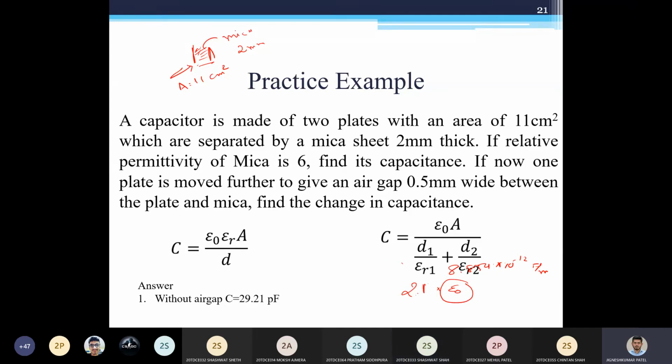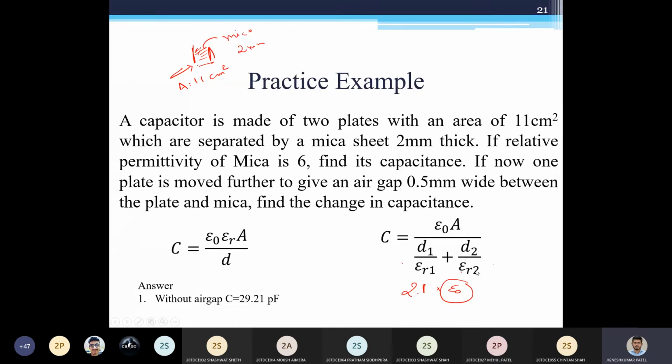How to calculate with the air? Here I have partial air, but as the thickness of both the media is directly available, I'm going to directly use this equation: epsilon 0 A divided by d1 upon epsilon r1 plus d2 upon epsilon r2.